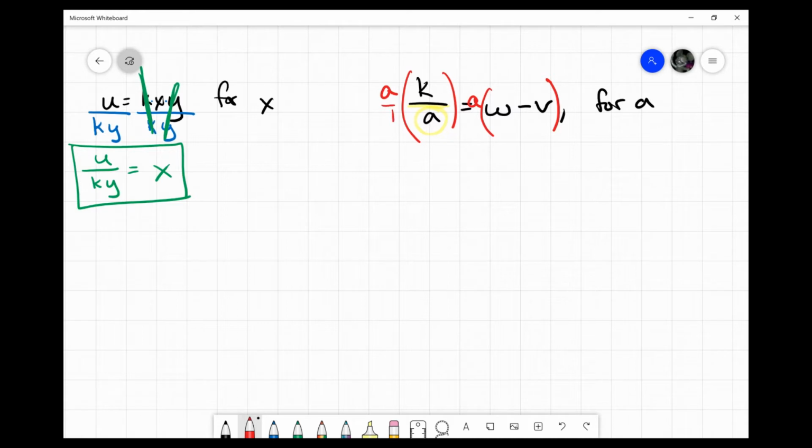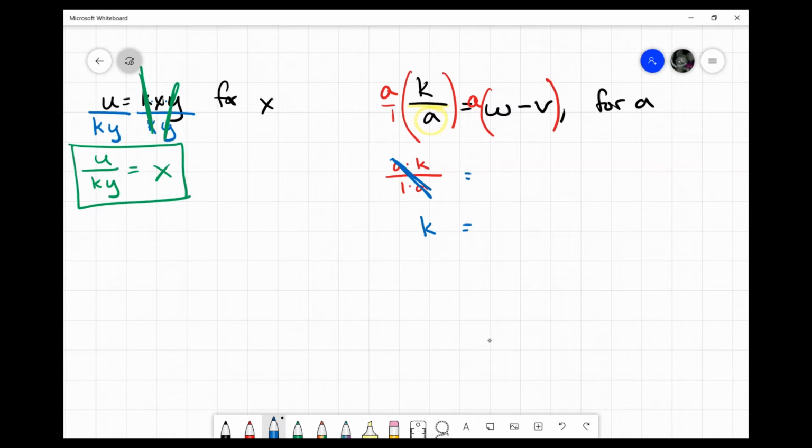Whole numbers are really over 1, so I would have a times k all over 1 times a, and anything divided by itself is a 1. So a divided by a is a 1, and so we've got k over 1, which is just k.